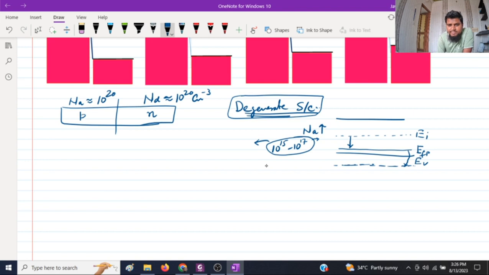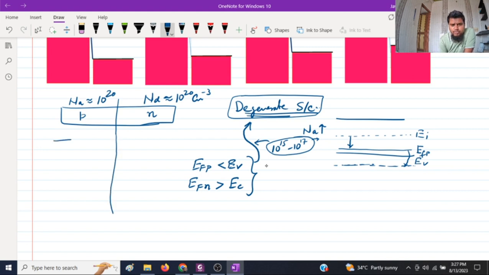Any material which has EFP in P-type material less than EV, or EF in N-type material above EC, is called a degenerate semiconductor. If you draw the energy band diagram as a separate material, you will find its Fermi level is over here, with EV and EC.